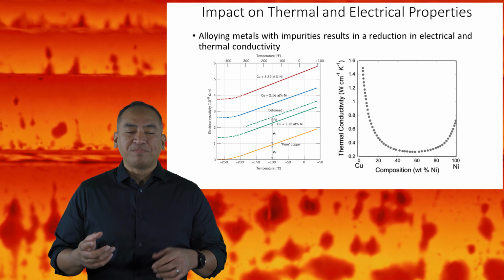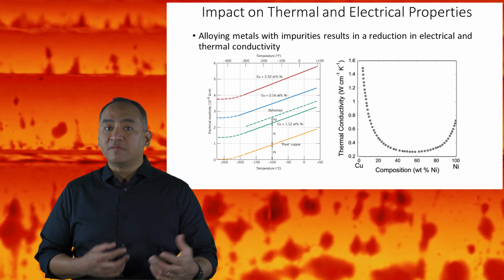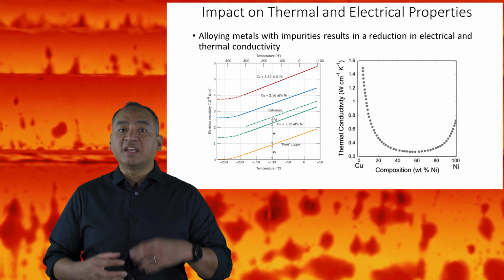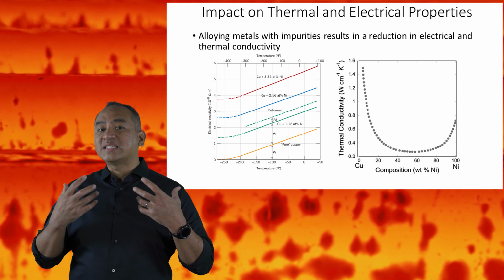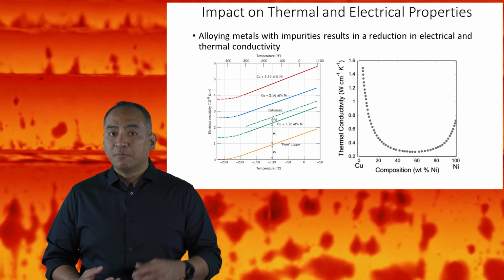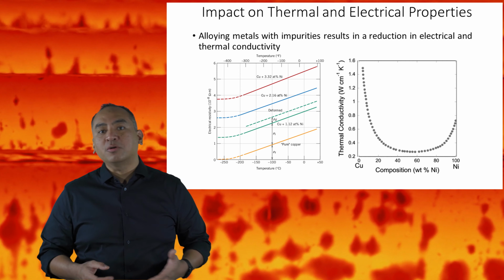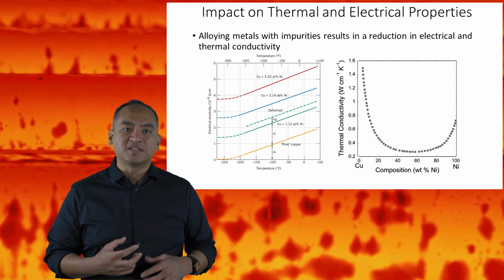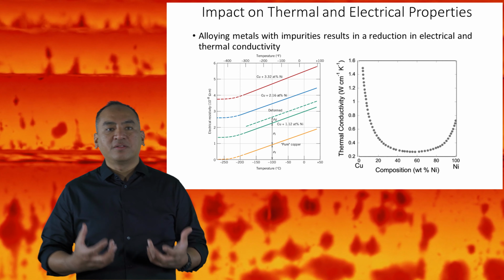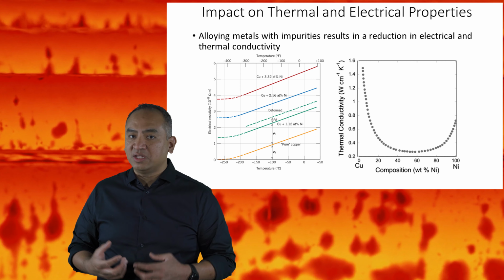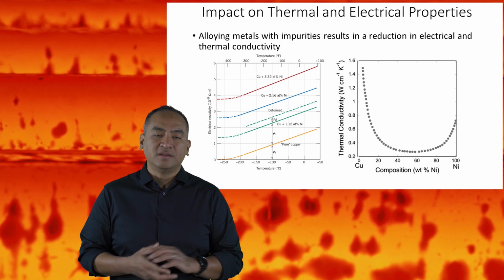For example, adding nickel to copper can improve mechanical properties, but can also result in reduced thermal conductivities and reduced electrical conductivities, which is shown here as increased resistivity. The impurities not only scatter phonons, but can also scatter electrons, which is why both electrical and thermal conductivity drop as the amount of nickel in copper is increased.